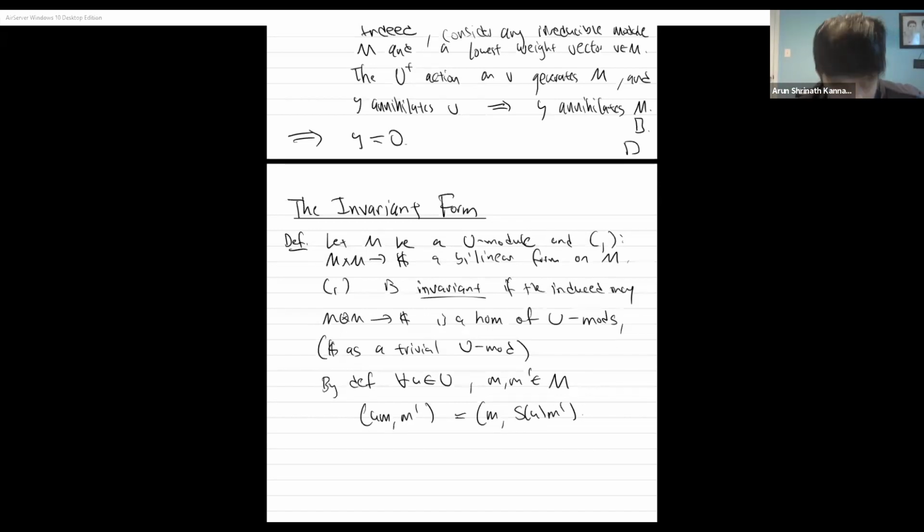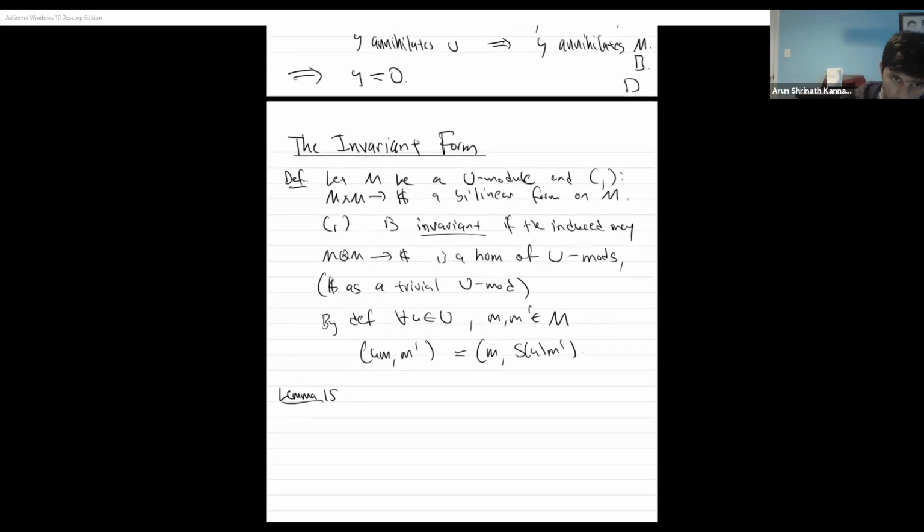Okay, so now that we constructed this bilinear form on U less than or equal to 0 and U greater than or equal to 0, we can use that to construct a form on U itself. So we may potentially have to enlarge the field.